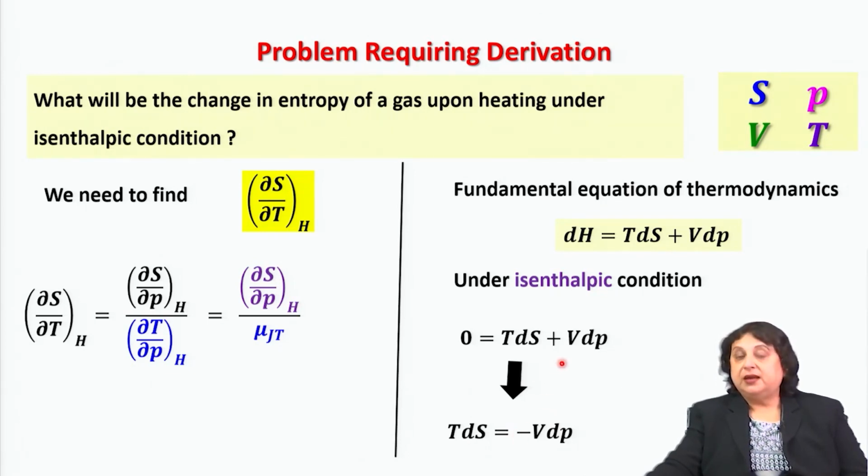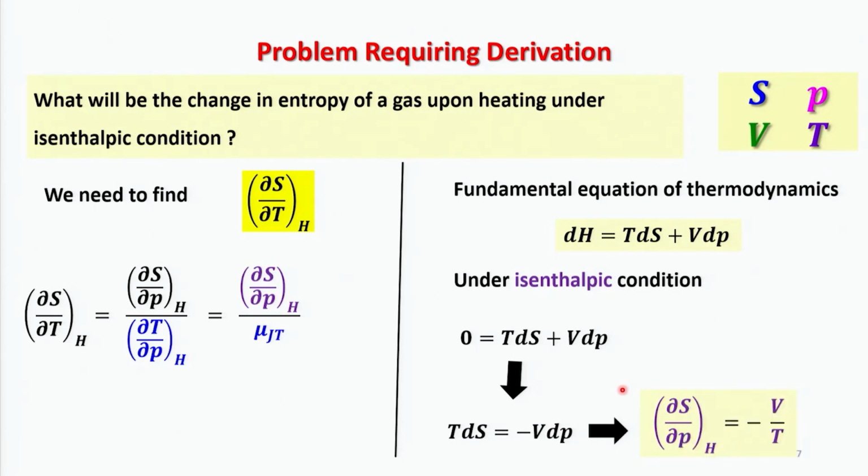And what does it mean? It means that I have this relationship that del S del P H must be equal to minus V by T. So, all I have done is, I have just rearranged the two sides of this equation, and I have formulated this del S del P H. I am now going to use this relationship and put it back here.